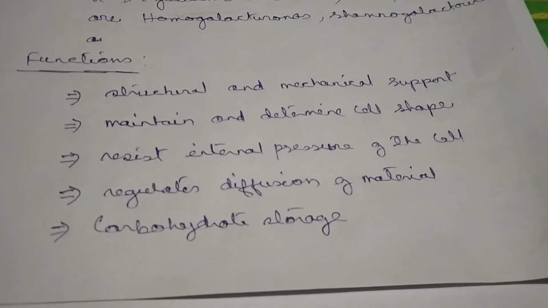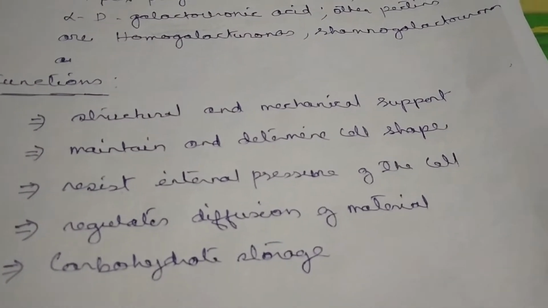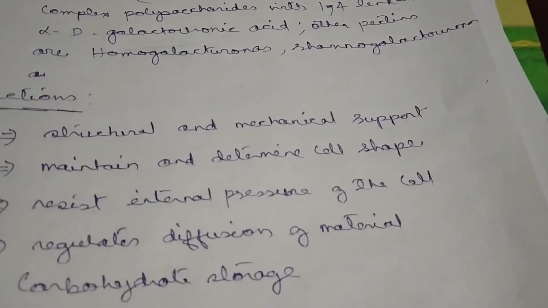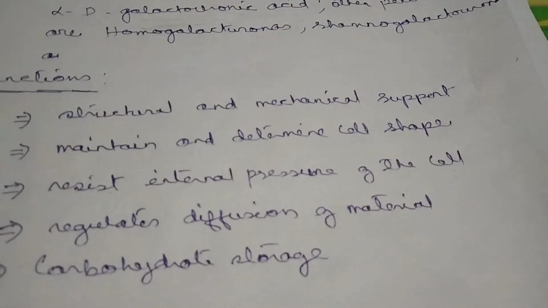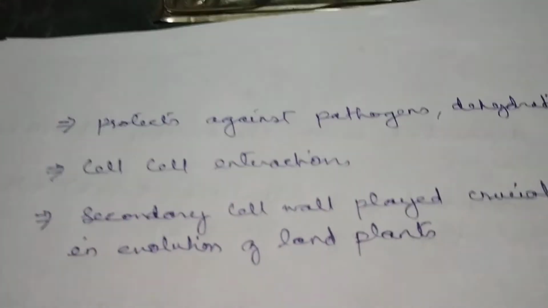Carbohydrate storage, yes, some of the cells, for example, the endosperm of cereals, wheat, they contain some carbohydrate which is required during the germination and required in respiration process, germination or some other metabolic process.